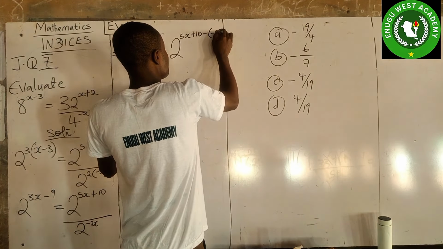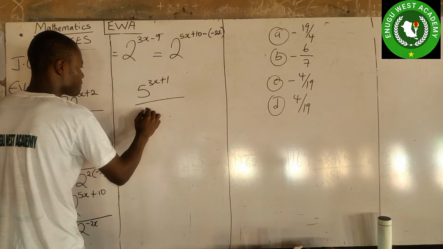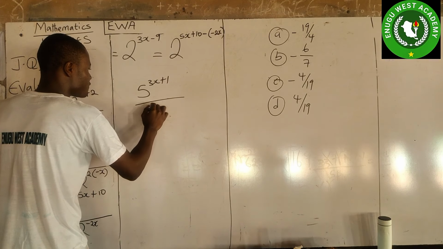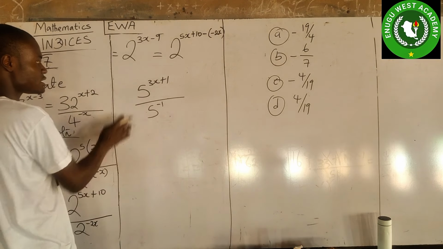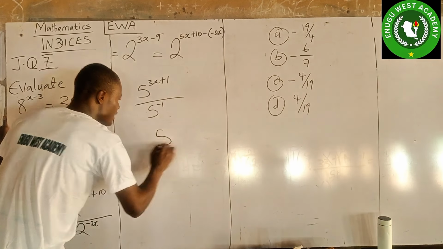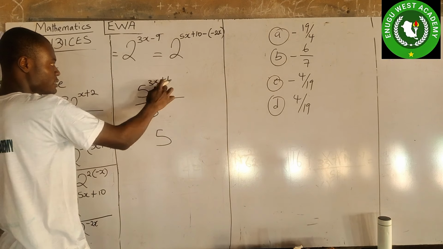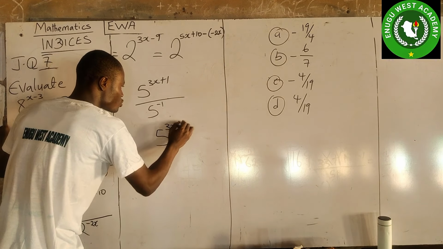Let me explain. If you have 5 raised to power 3x plus 1 over 5 raised to power minus 1. Since you have 5 and you have 5, just pick one 5. What is the first power? The first power now is this one. You now write it 3x plus 1.